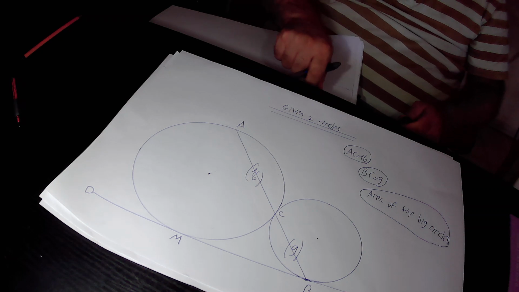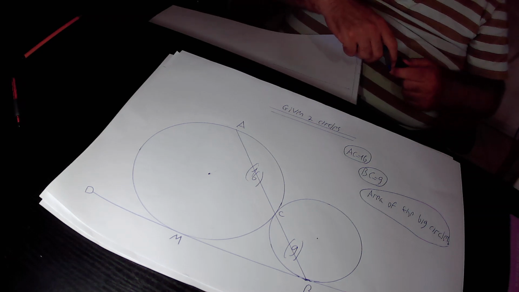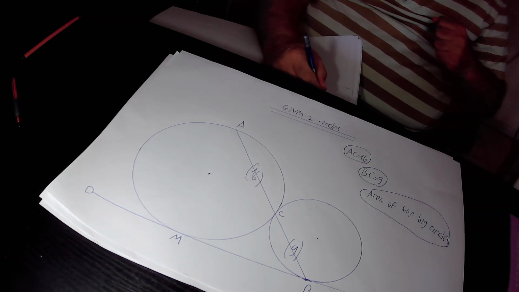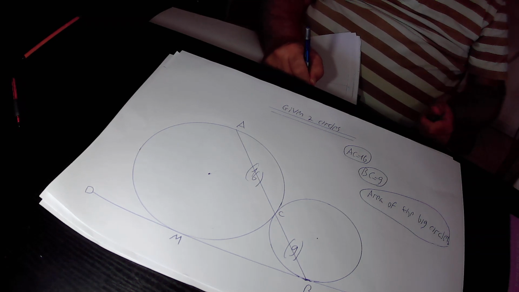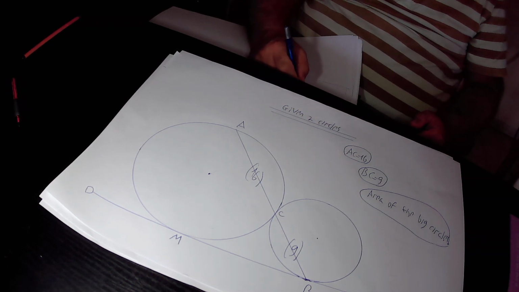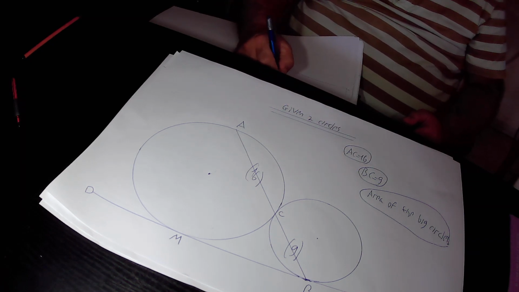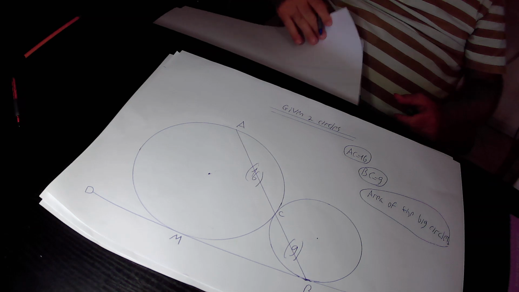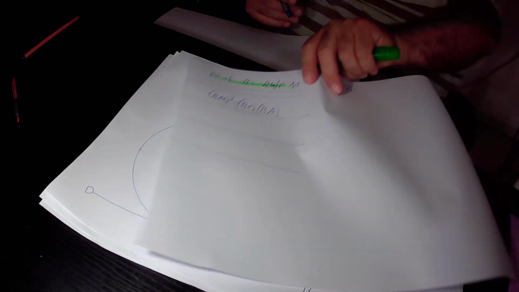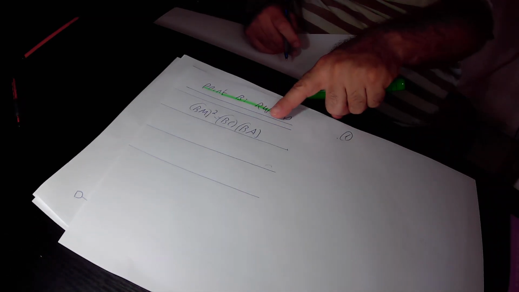So according to rule 10, BM squared equals BC times BA.